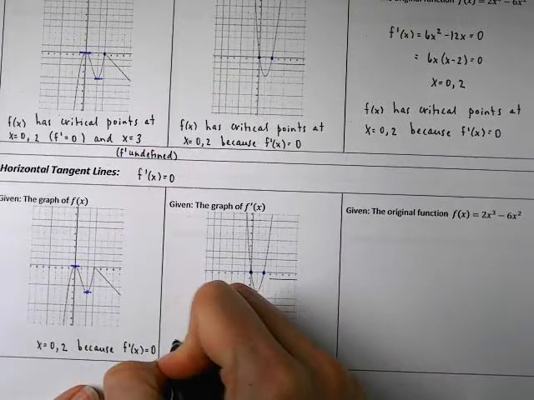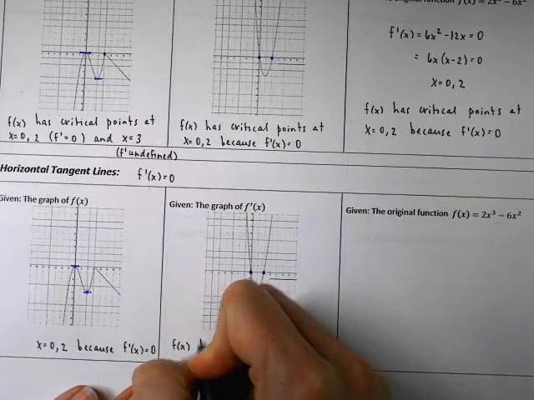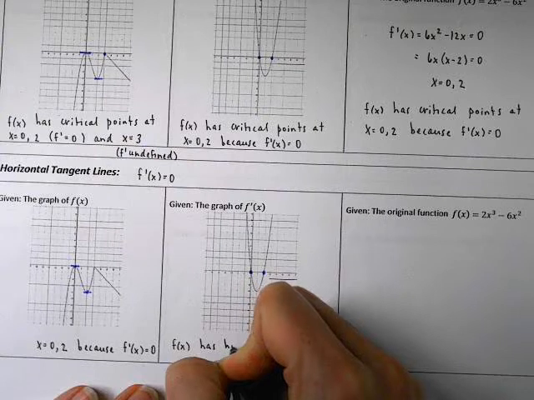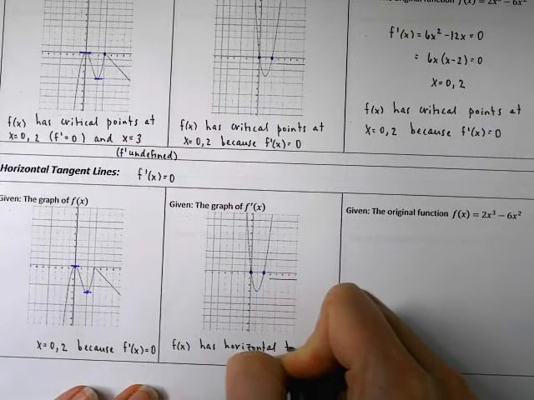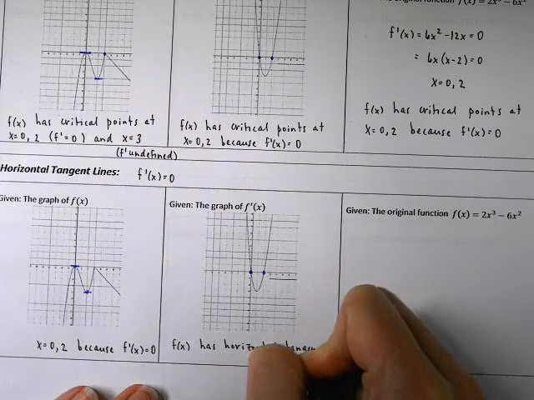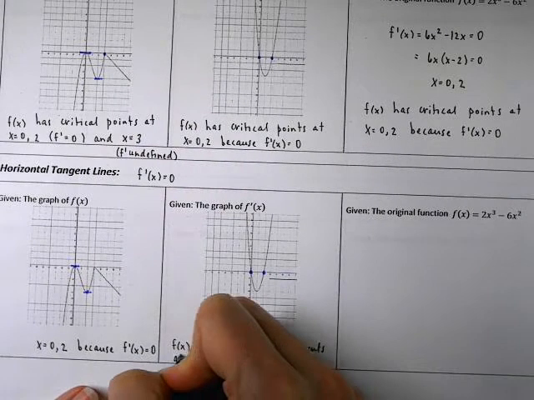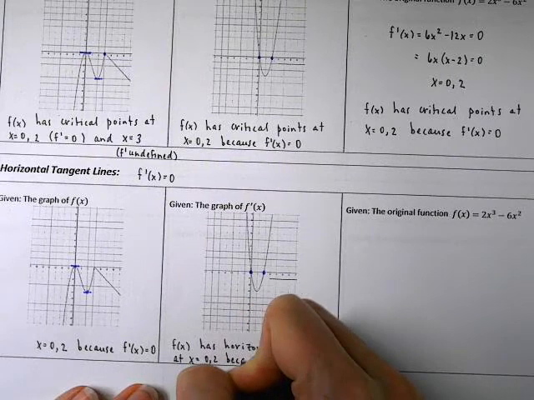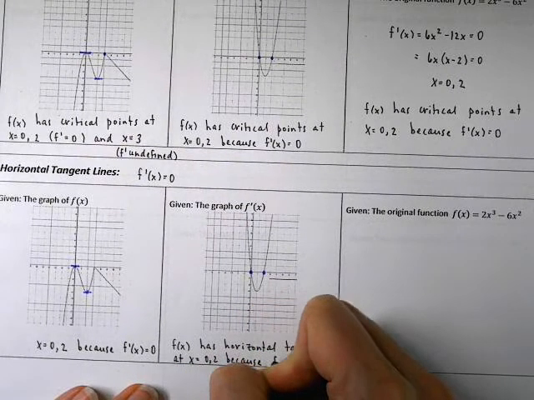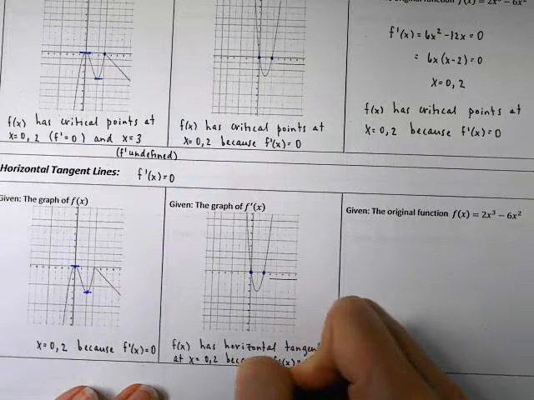So we would say f of x has horizontal tangents at x equals 0 and 2, and again, it's because f prime of x is equal to 0.